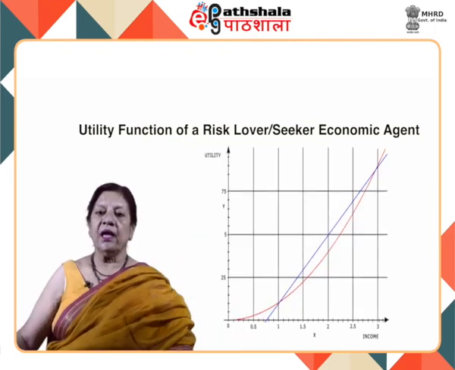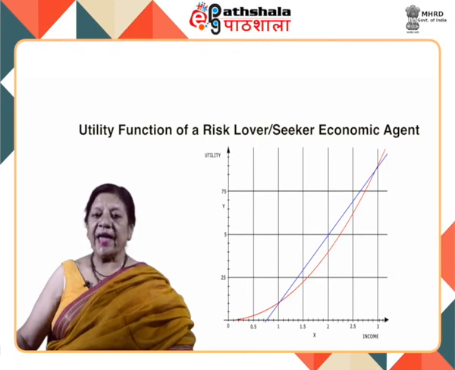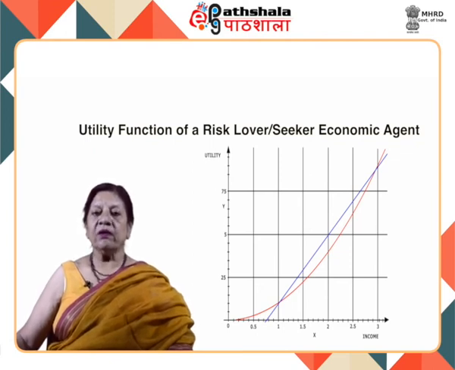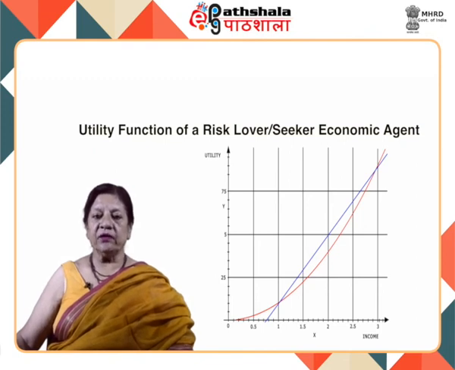Consider a utility function such as u = y squared. From the figure, it can be seen that it is convex to the income axis, with the chord connecting the points corresponding to incomes of 1 and 3 units lying over the utility curve between the income points 1 and 3.